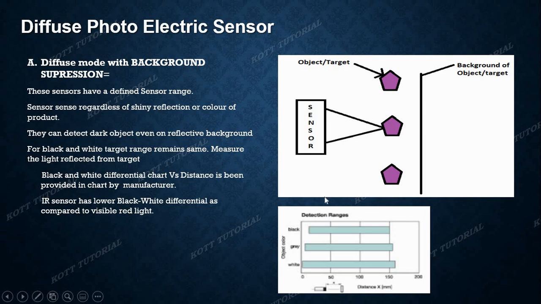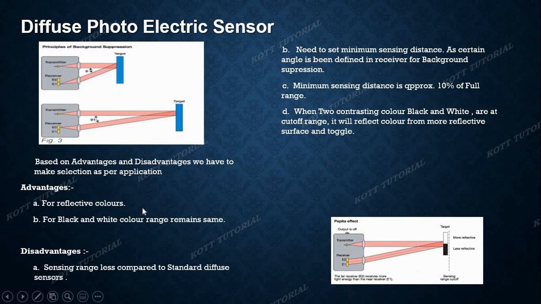In this graph we have shown the background suppression method for a visible red light, but if we are using the IR sensor, the difference between the detection range of black and the white may even reduce to some extent. Now based on the advantages and the disadvantages, we have to make selection as per our application.